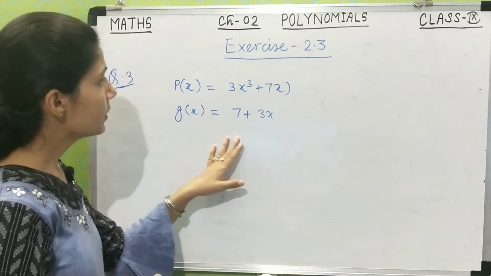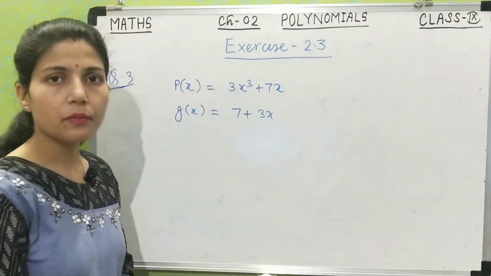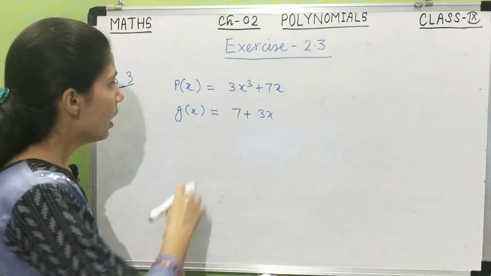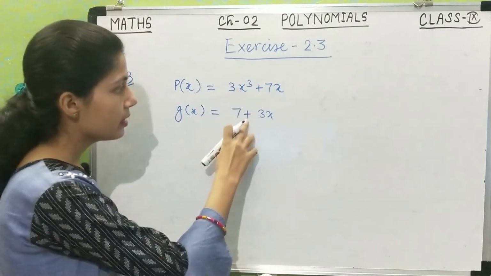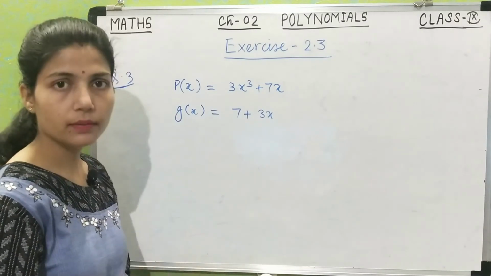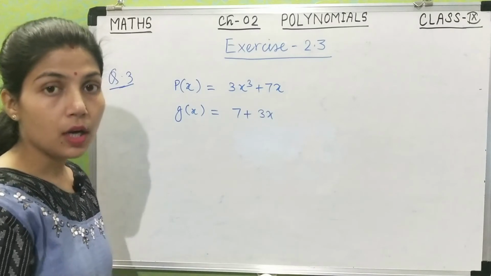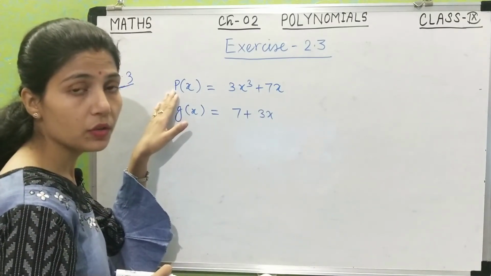Now see, this is a polynomial with degree greater than 1, and this is the divisor, a linear polynomial because the degree is 1. Now you have to check whether this is a factor of the given polynomial.